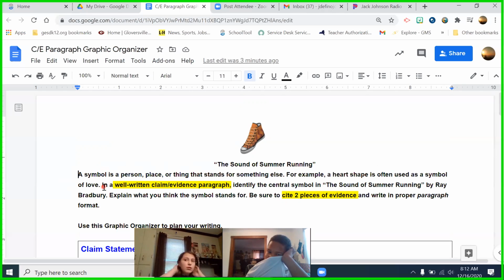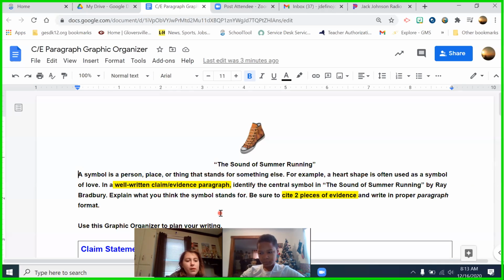I haven't figured out what I have to do with that yet, okay? The next part, in a well-written claim evidence paragraph, which Bella said is how we have to answer, right? It says, identify the central symbol in the sound of summer running by Ray Bradbury. Explain what you think the symbol stands for. What is all of that from identified to the word for?